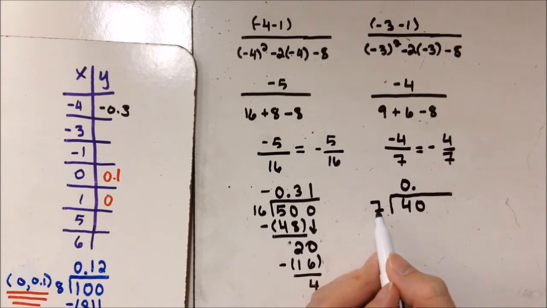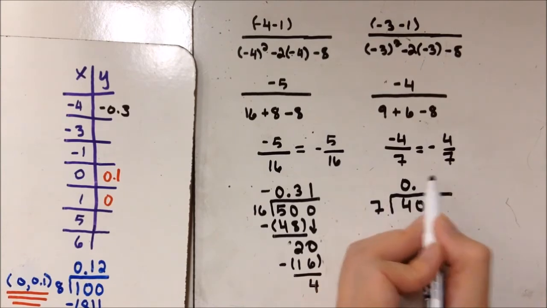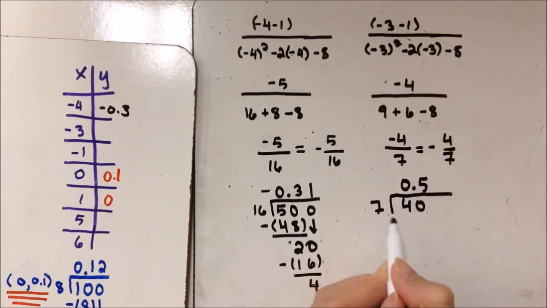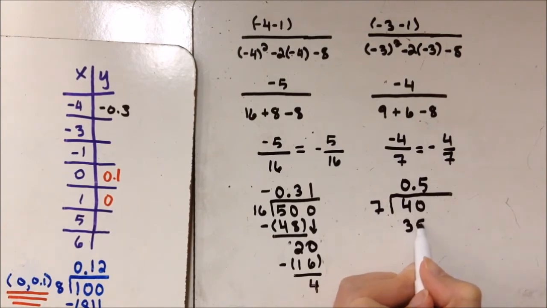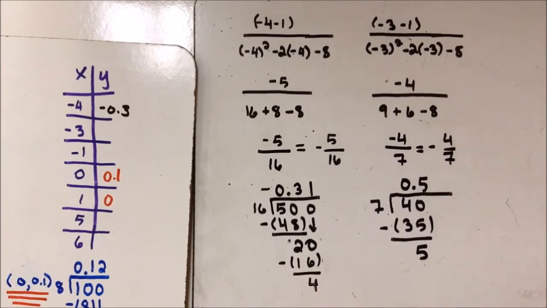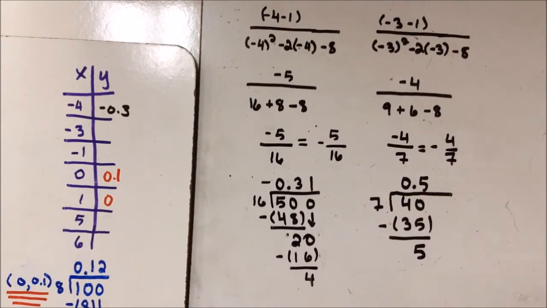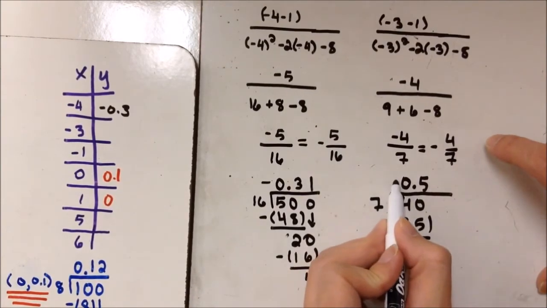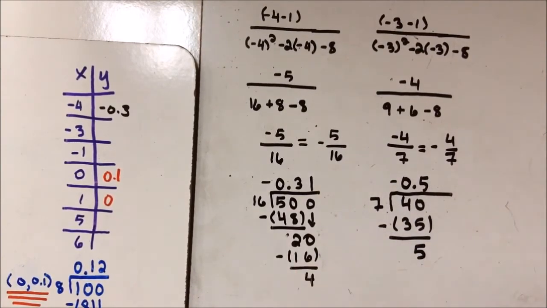So 7 will go into 40 5 times. 5 times 7 is 35, and I'm left with a remainder of 5. Again, I can go further to make it precise, but we're just going to use one decimal value for graphing. Since that was negative, this will be negative, so 0.5.